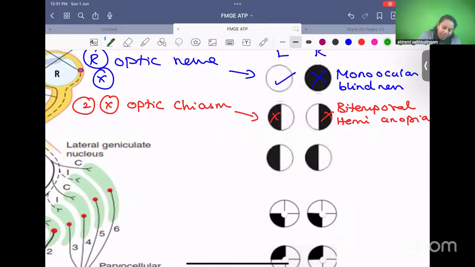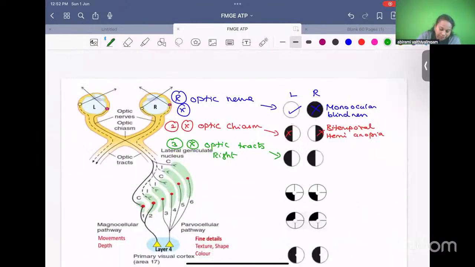The next one. When there is any damage to the optic tract. Let's say the right side optic tract is cut. Look at this.